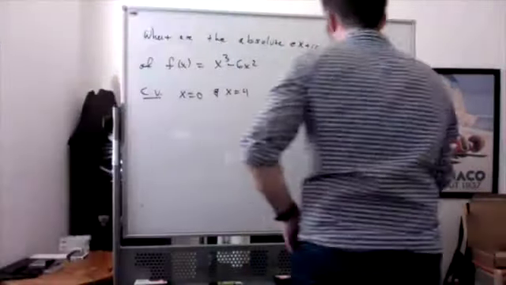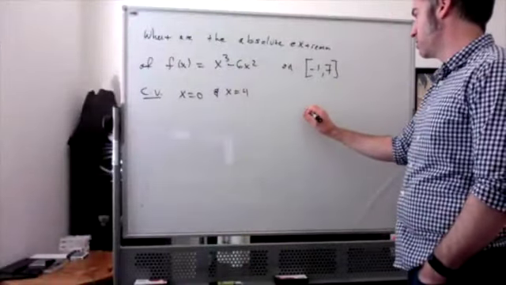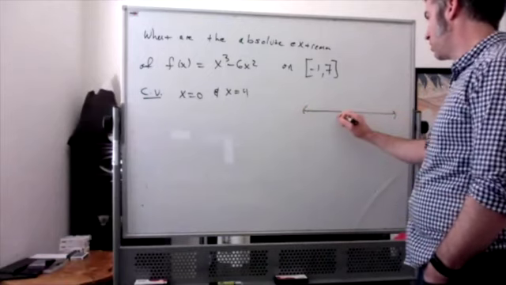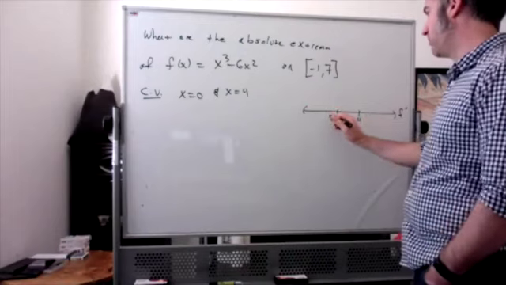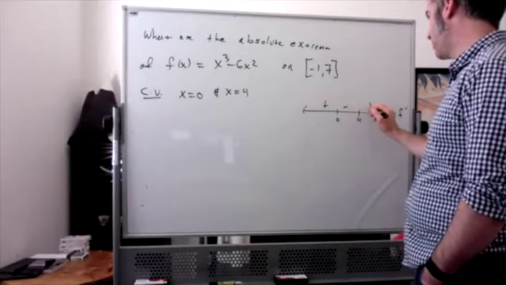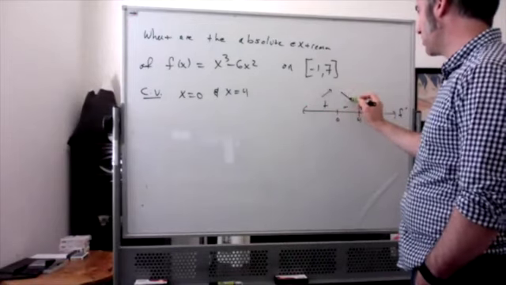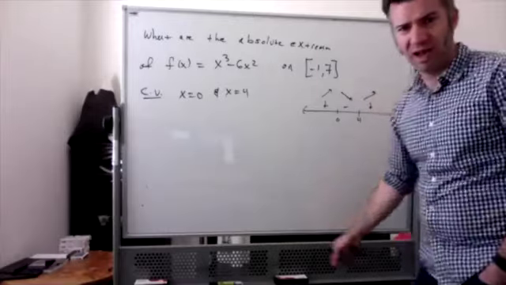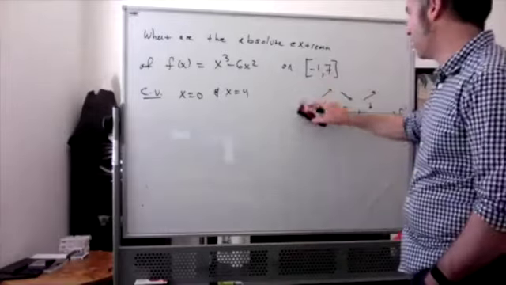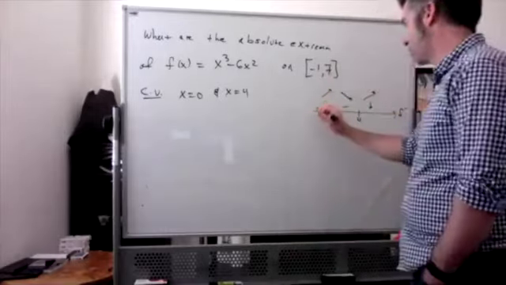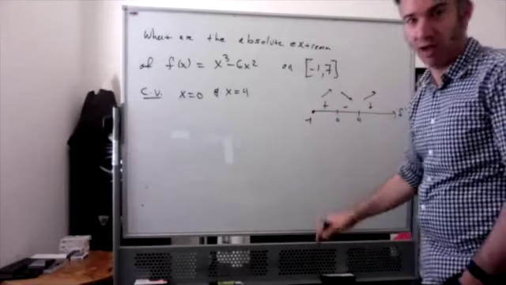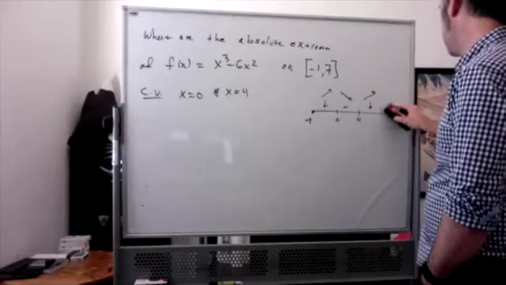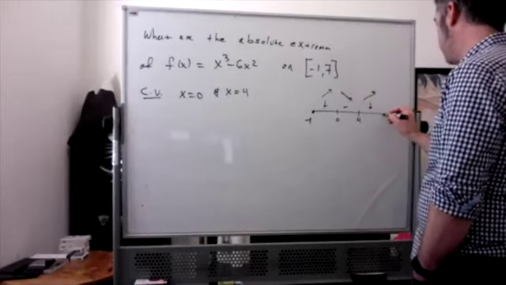So I know that my function, here's 0, here's 4, the derivative is positive, negative, positive. So my function is increasing, decreasing, increasing. But then I'm going to start at negative 1, and I'm going to end at 7.